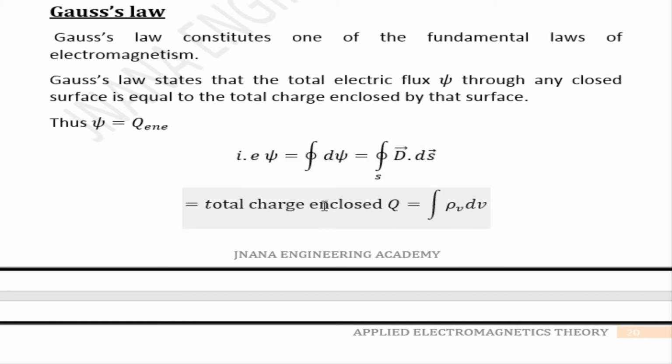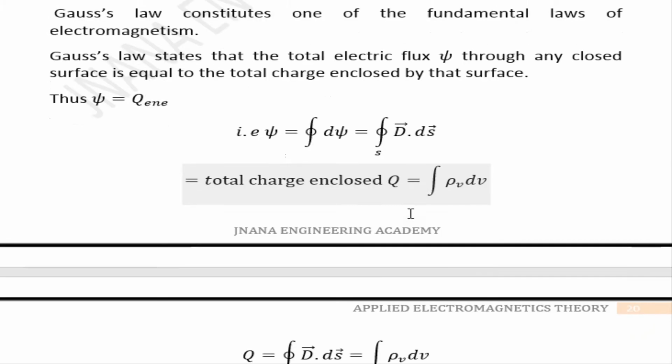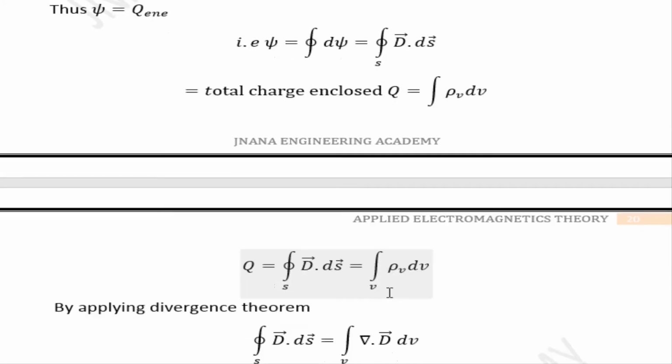Now see the total charge enclosed Q, which we can write as integral rho v dv. What is rho v? It is the volume charge density. So integral rho v dv is equal to Q. So we have an equation for psi is equal to integral S D dot dS and Q is equal to integral rho v dv. Now see, we are equating these two equations.